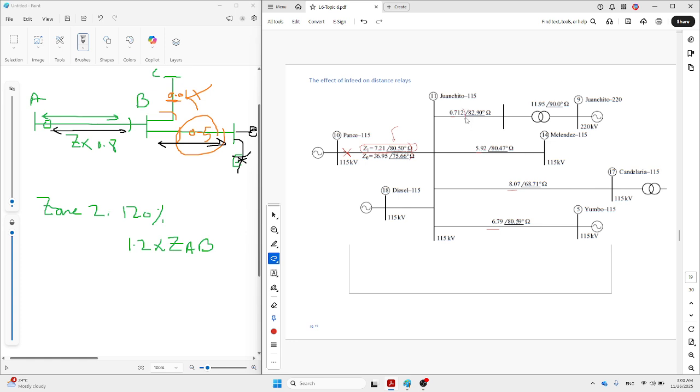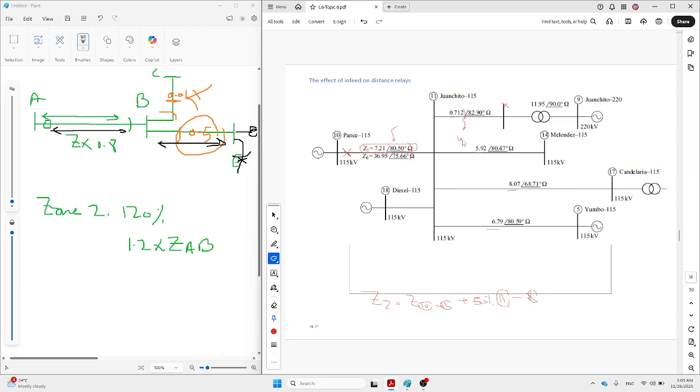Then you can calculate the zone 2 as a main, so Z1, Z10 to 11, impedance of plus 10 to 11 plus 50% of 11 to this point, correct? 11 to the point X. I'll show you by X.